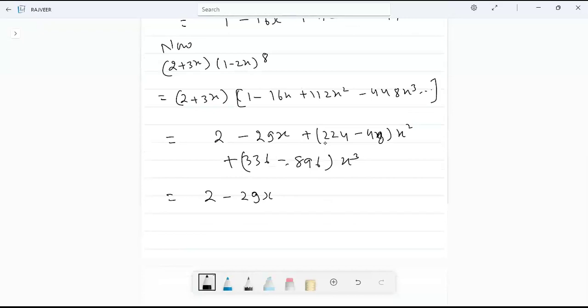It will be 224 minus 48, so 2 minus 29x plus 176x square, and here a negative sign will be there, minus 560x cube. Further we are not writing the terms, so this will be the answer. Check your answer. Yes, this is the same that we have done.